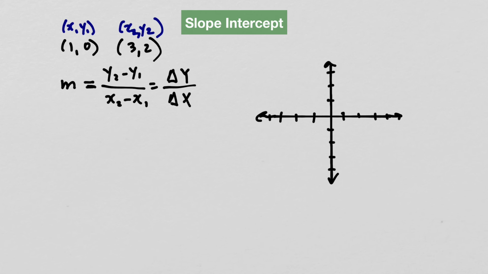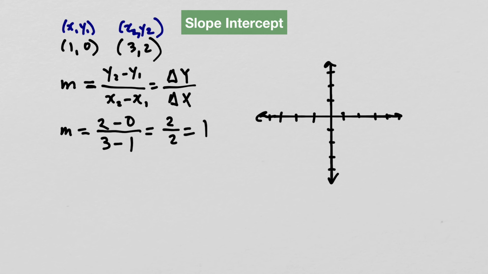So we plug those values into the equation, then we get m is equal to y2, which is 2, minus y1, which is 0, over x2, which is 3, minus x1, which is 1. Now solving for m, we get 2 over 2, which is equal to 1.